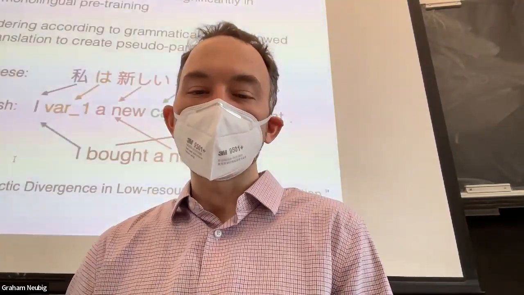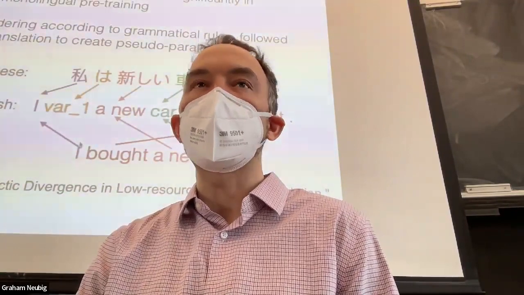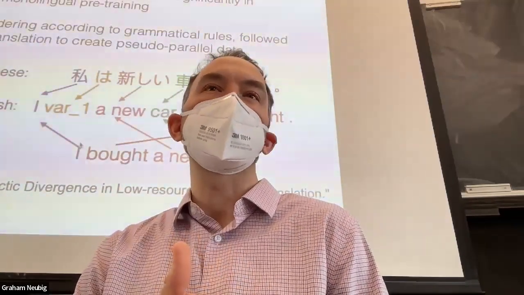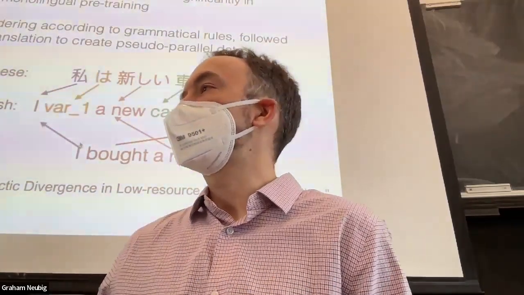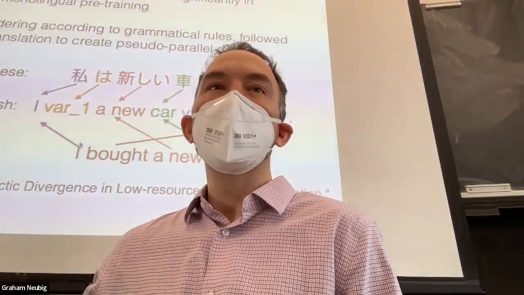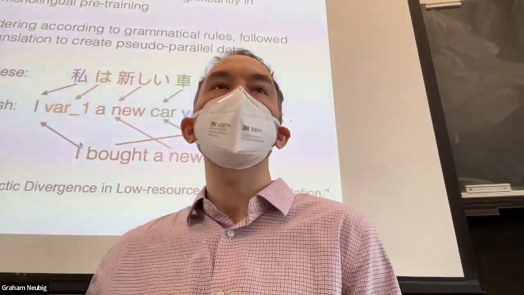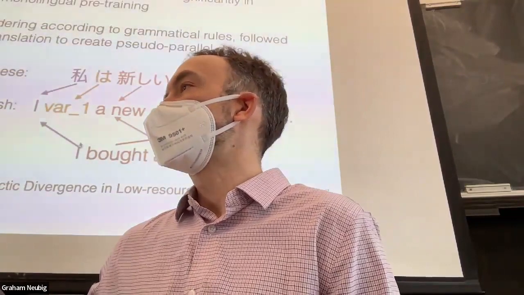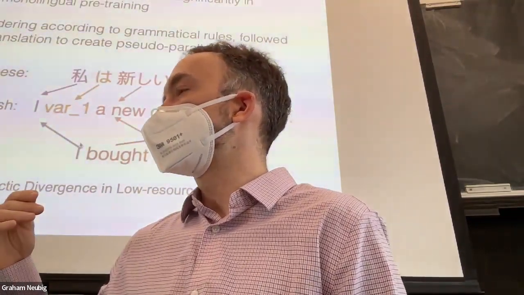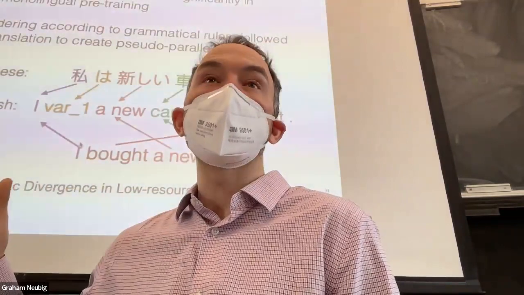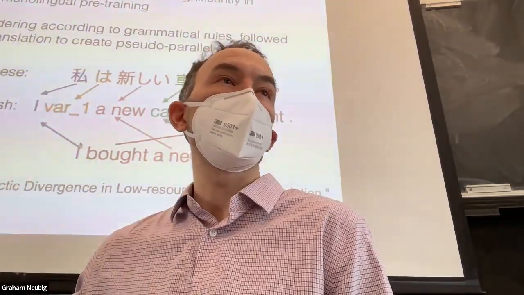And one interesting thing we showed here was we demonstrated that this was useful for Japanese translation, but then we applied the exact same reordering rules to Uyghur, which is a completely different language family, but it has very similar syntax to Japanese.